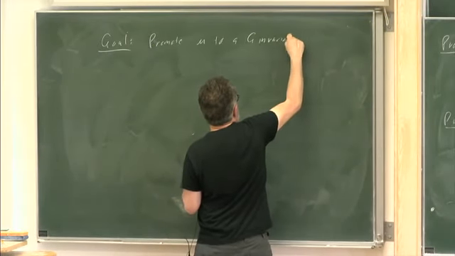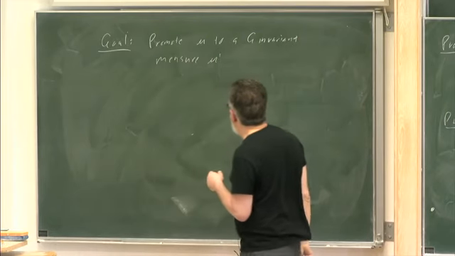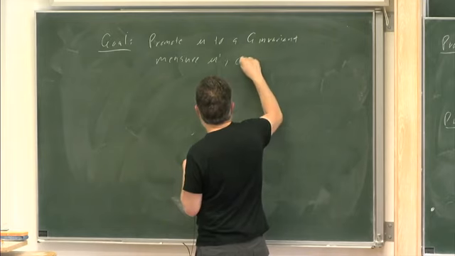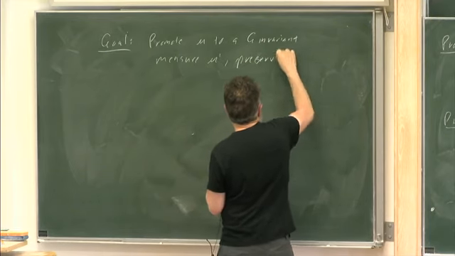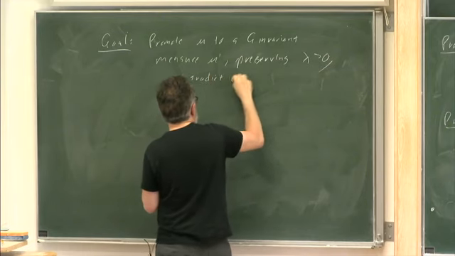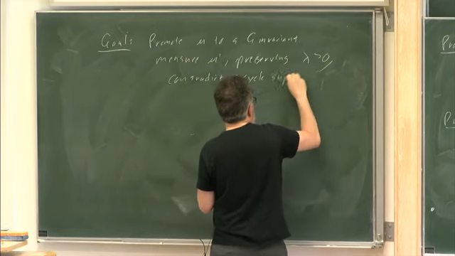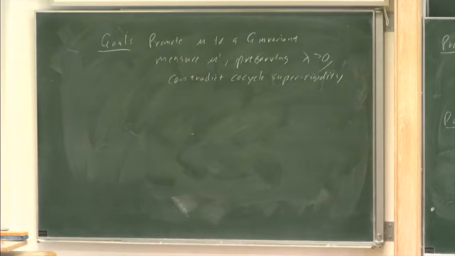Promote mu to a G invariant measure mu prime, preserving this condition that lambda is greater than 0, which then contradicts co-cycle superrigidity. So if I can do that, then what have I done? I've contradicted co-cycle superrigidity, and so the statement that gamma doesn't have subexponential growth of derivatives has to be wrong, and gamma has subexponential growth of derivatives.